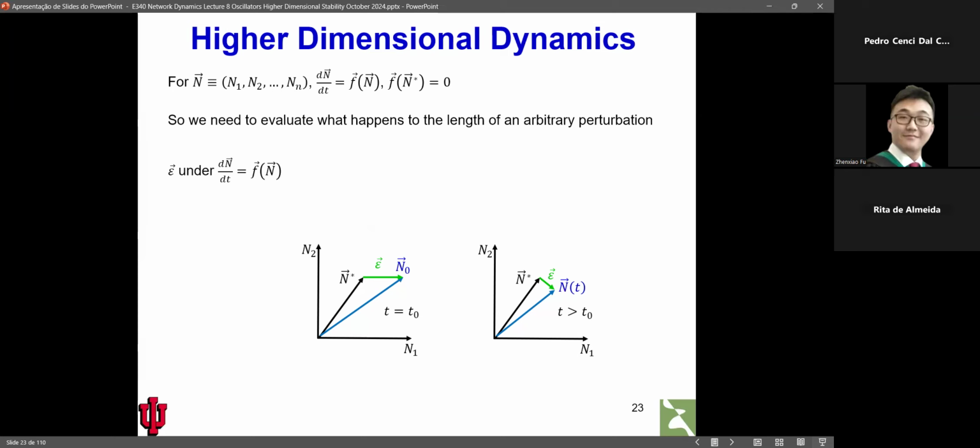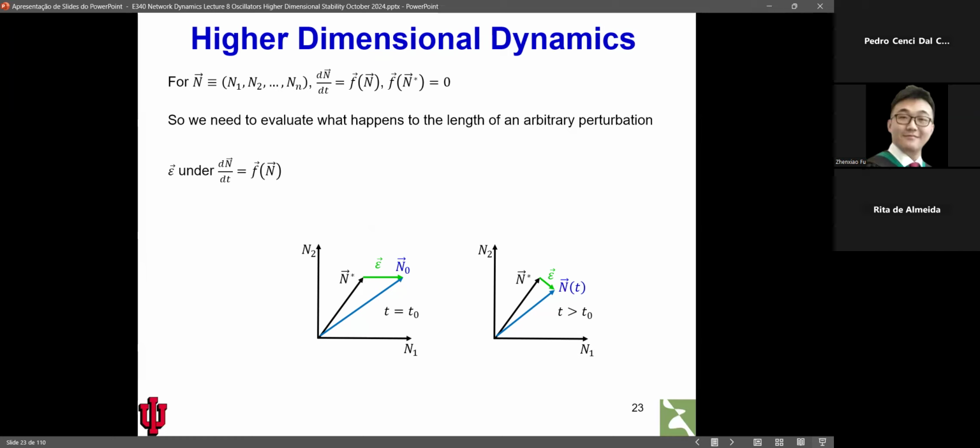So we need to evaluate what happens to the length of an arbitrary perturbation, epsilon, under the dynamics that we are considering, which is given by the vectorial function f.